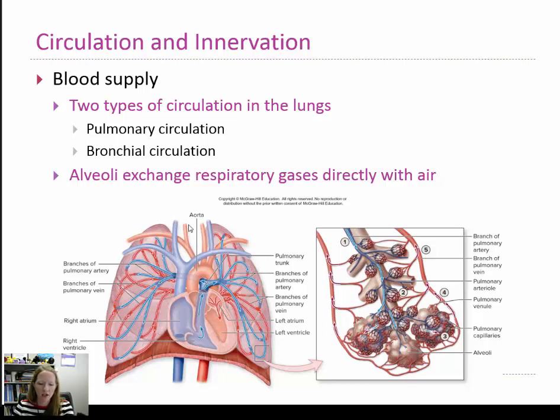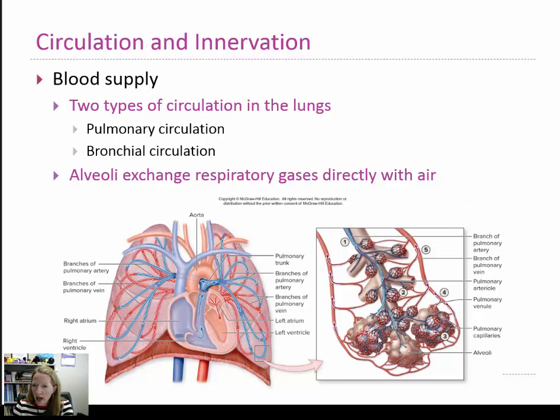But you also have a bronchial circulation, and the bronchial circulation is going to be part of the systemic circulation. Really, its main function is to transport oxygenated blood to the tissues of the lungs. The book goes into the bronchial circulation a lot more, and you don't have to worry about that. But again, if you're going to a respiratory field, you might want to take a look at that.